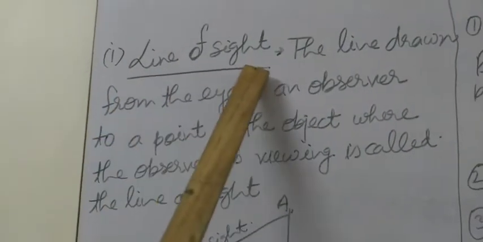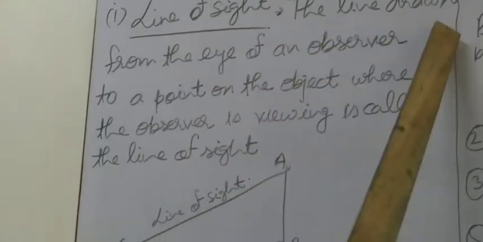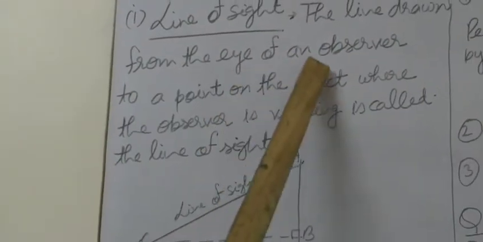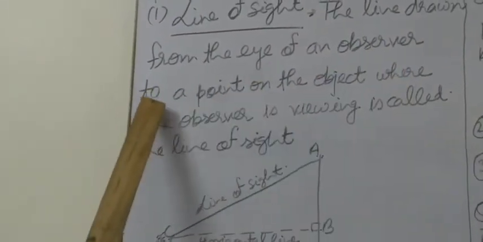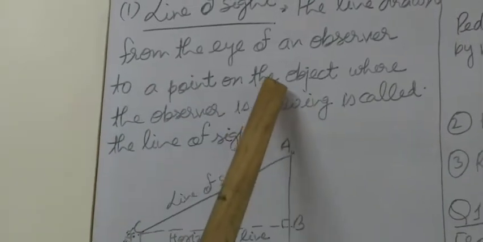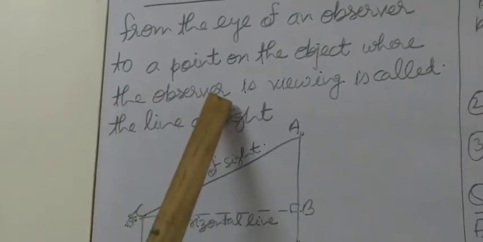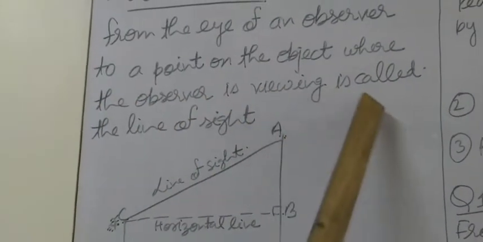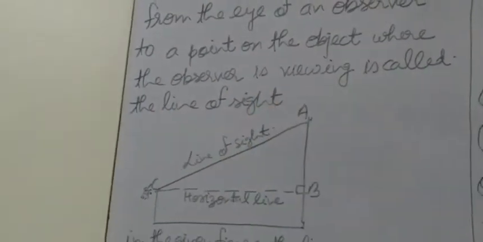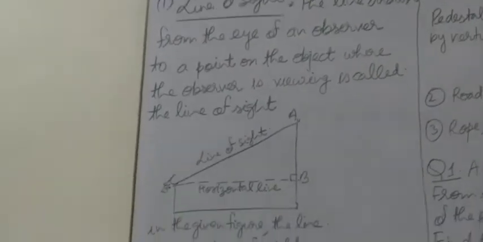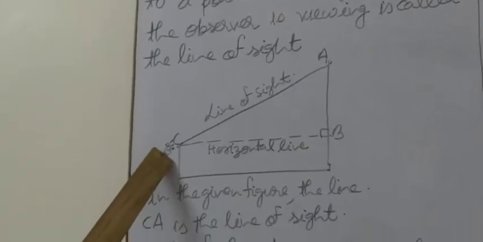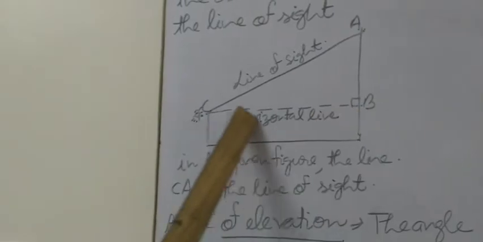First, line of sight. The line drawn from the eye of an observer to a point on the object where the observer is viewing is called the line of sight. In the diagram you can see, students, this is the horizontal plane.